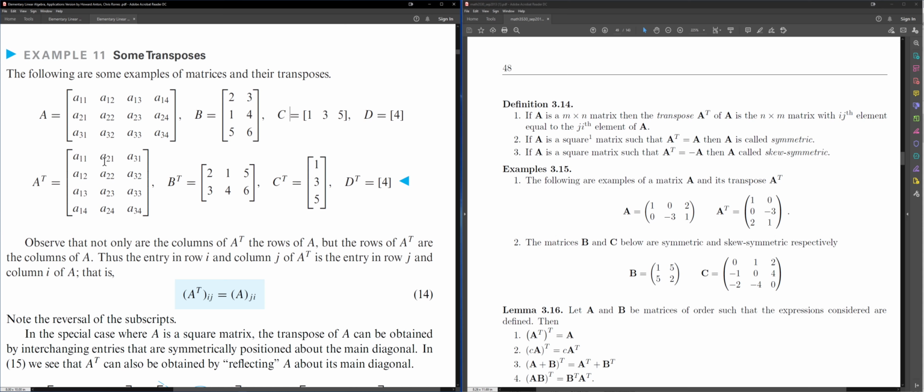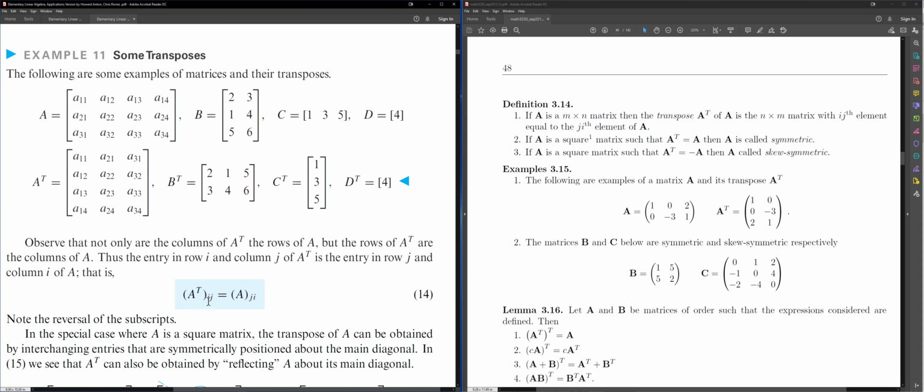Notice that this element, which is in the first row and second column, so i is equal to 1 and j is equal to 2, is equal to the element of A that is in the second row and first column. So this element in A transpose is in the first row, second column, and this element over here is in your second row, first column. Here i is equal to 1 and j is equal to 2; here i is equal to 2 and j is equal to 1.